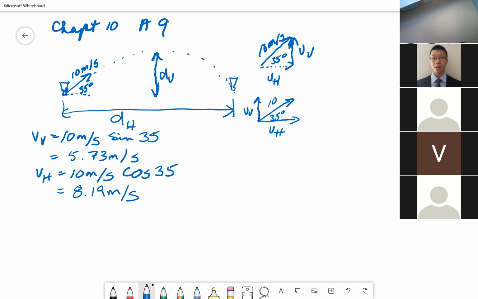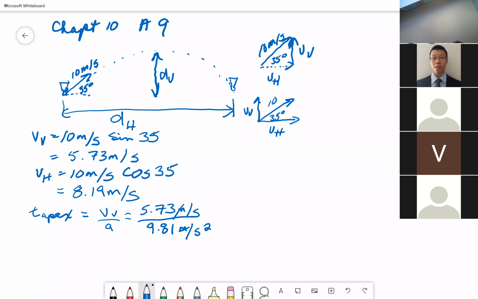We know the velocity. We need to know the time. In order to get how far it goes, we need the time in the air. So we need to find the time to the apex. That is going to equal the vertical velocity divided by the acceleration, which is 5.73 meters per second divided by 9.81 meters per second squared.